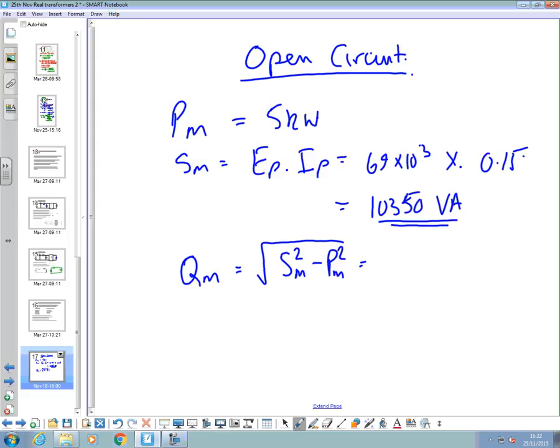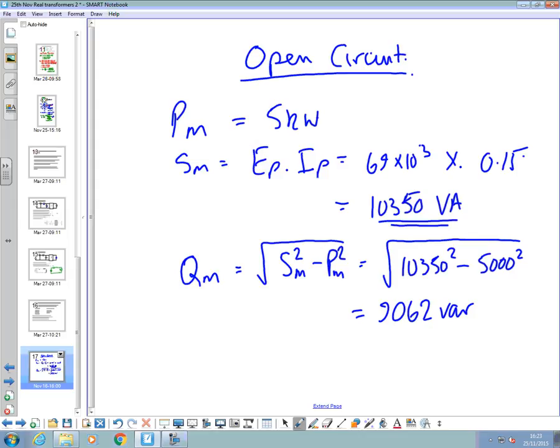We used the voltage and current to calculate S. So that is the root of 10,350 squared minus 5,000 squared, which equals 9062 var. Did you all get that far? Yeah?